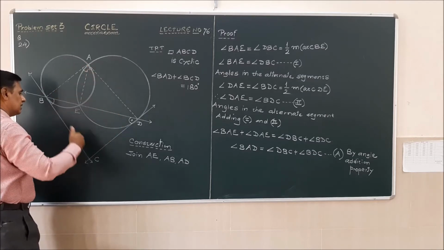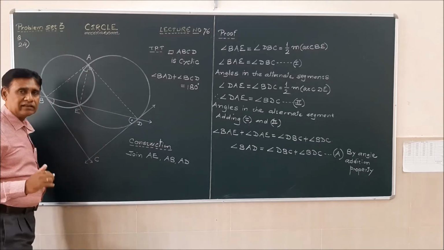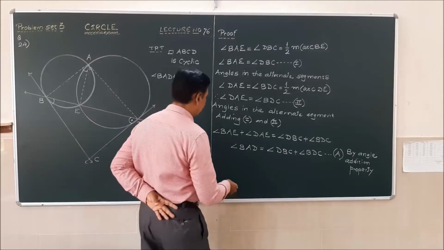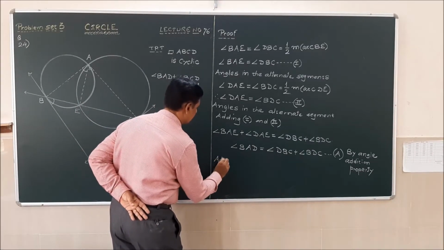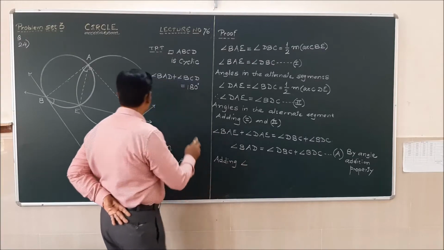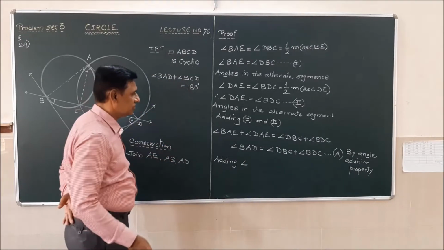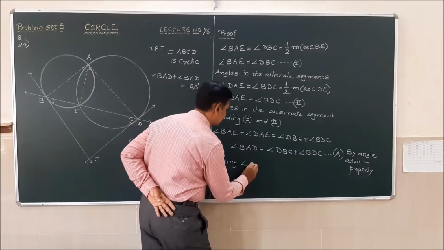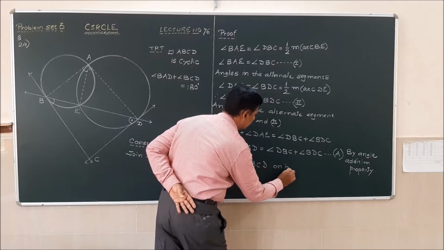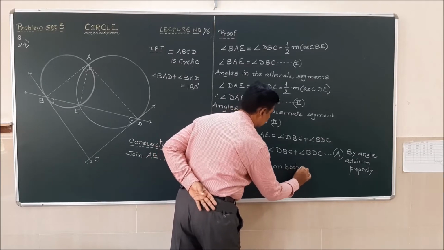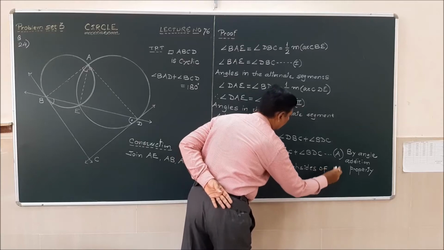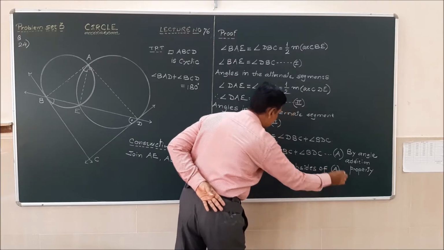Therefore, BADC is a cyclic quadrilateral. So I'm going to add now angle BCD on both sides of A.